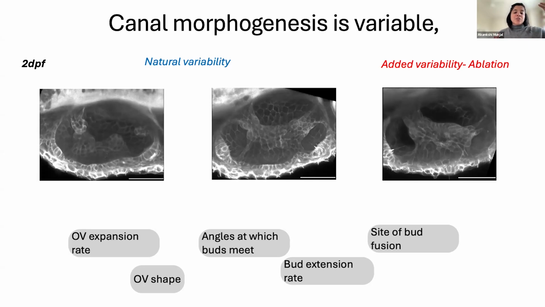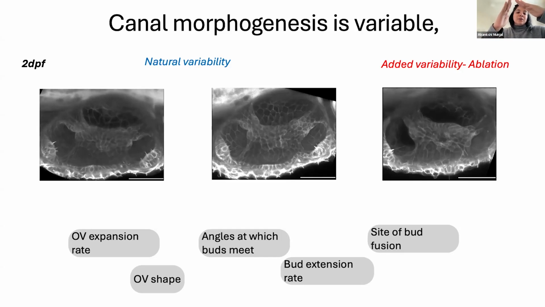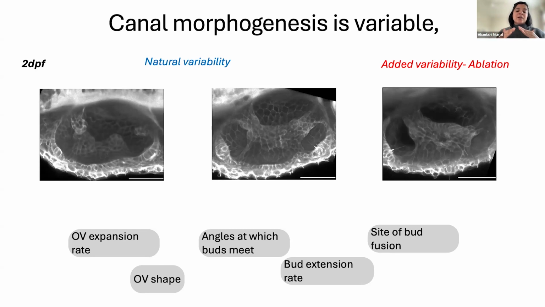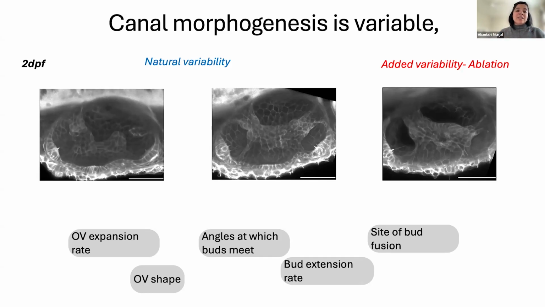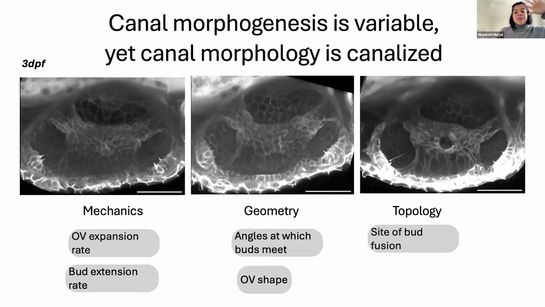Given the initial position from where the buds are growing, their finding each other is constrained by the size of the aortic vesicle, its aspect ratio, and roughly the longitudinal extension of the buds orthogonal to the plane where they're starting from. So given these constraints, the buds are likely to meet each other, but they meet each other at many different places. This is one of the things I wanted to highlight: we can categorize variability in many different ways.